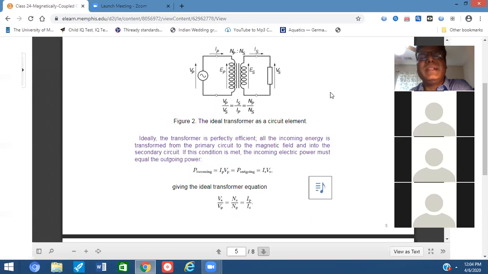On top, I have written primary side number of turns Np, secondary side Ns, and on the right side, secondary side voltage is Vs, induced voltage is Es, and secondary current is Is. But at the bottom of that figure, I have written the relationship Vp over Vs equal to Is over Ip equal to Np over Ns.